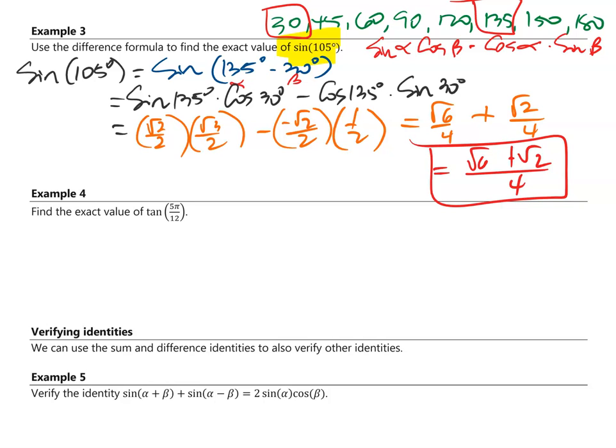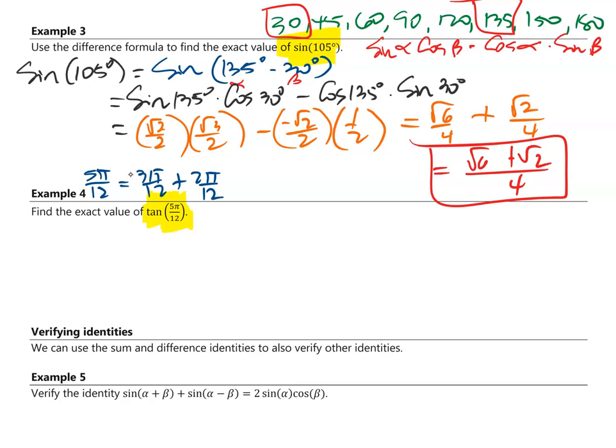Okay. Next, example number 4. Find the exact value of tangent 5 pi over 12. So 5 pi over 12, how are we going to rewrite that? Here we know that 5 pi over 12 is like, 5 is 3 and 2.